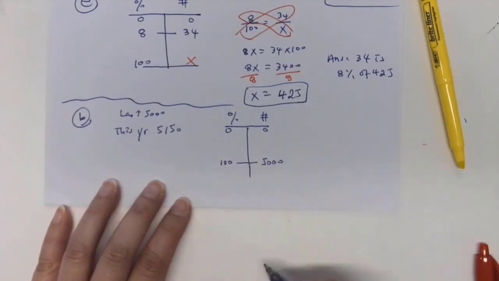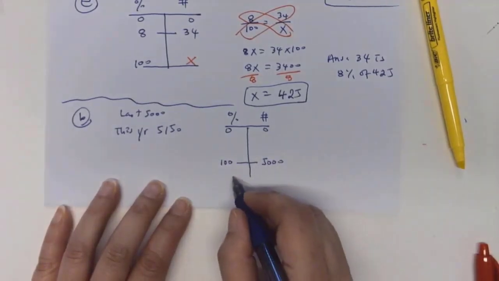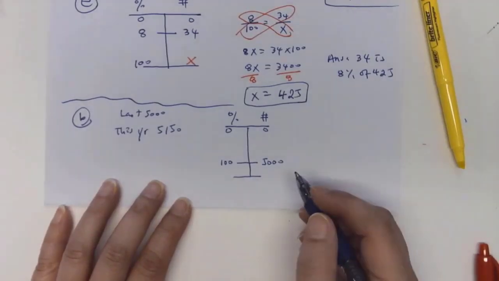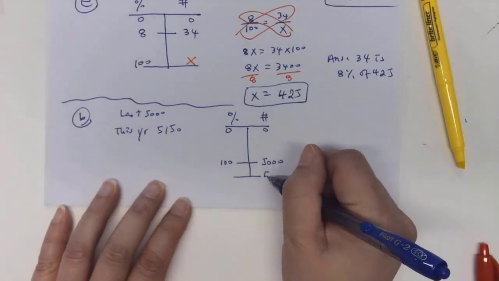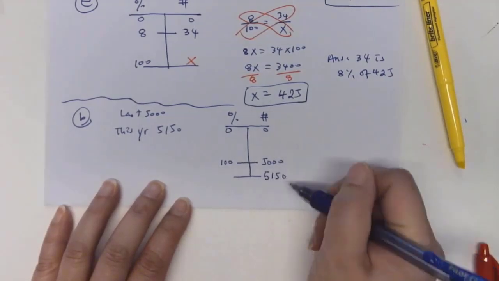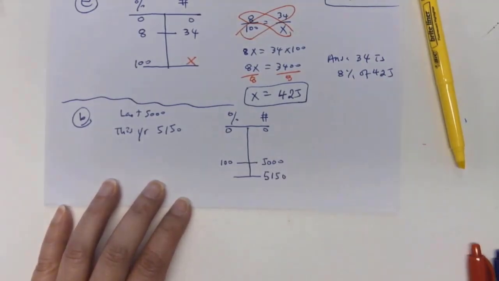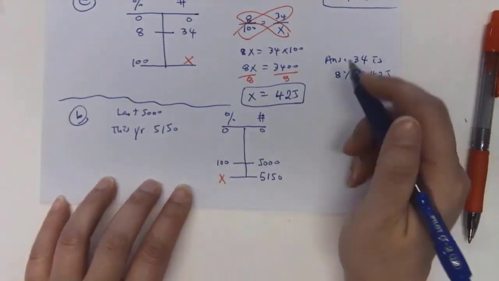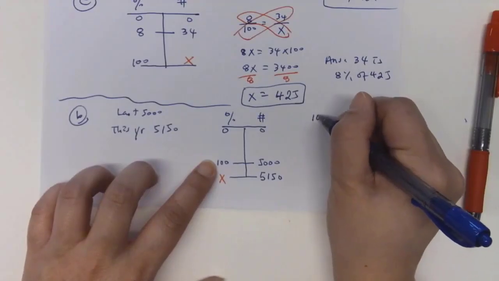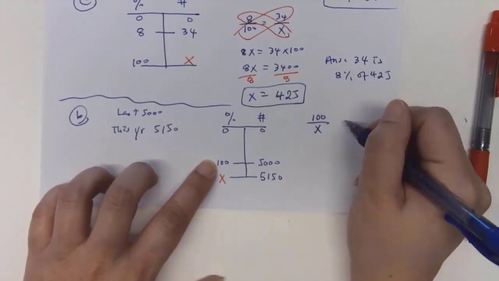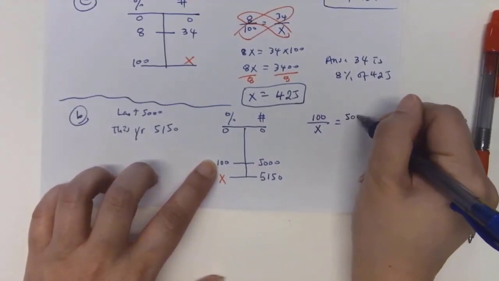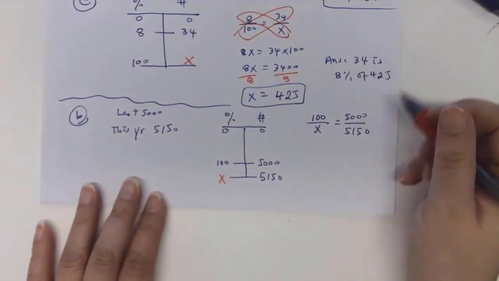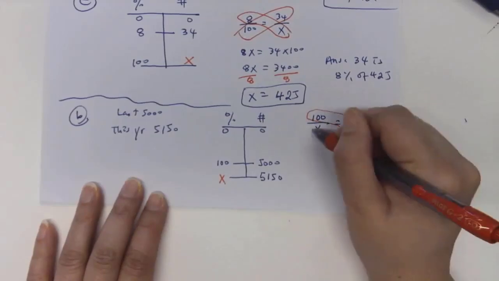Are we okay? And now this year we have, where do I put that? For the quantity below 5,000. And then we don't know what percent that corresponds to, right? We're going to set that up just like the percentometer, 100 on top, x at the bottom. On the left-hand side, 100 over x equals 5,000 over 5,150. Cross multiply, solve for x.